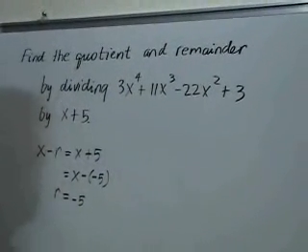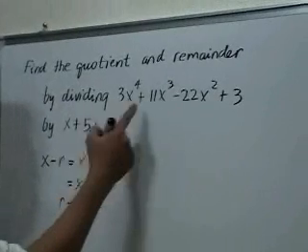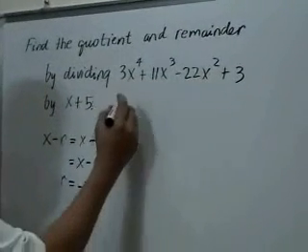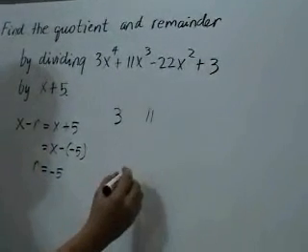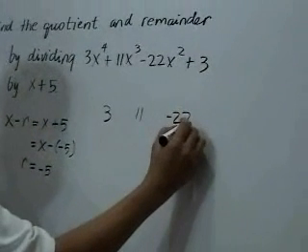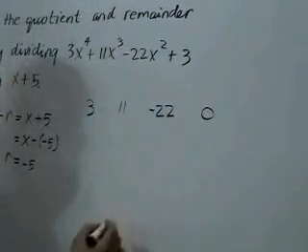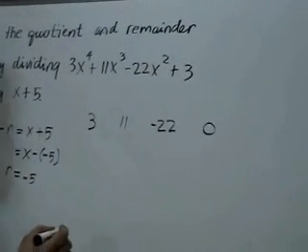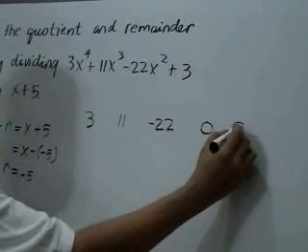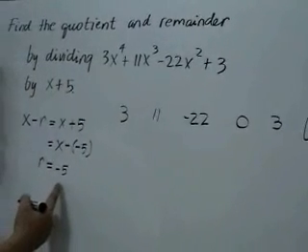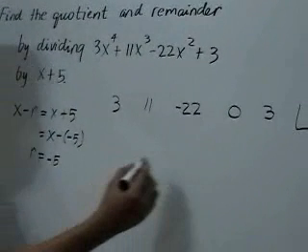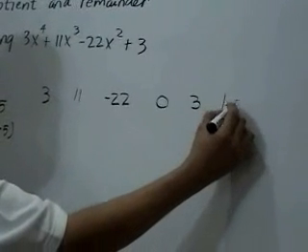So for our synthetic division, we are going to write the coefficients starting with 3, and then 11, negative 22, writing 0 as the coefficient of the missing x term, and then 3. And then we write our r, which is equal to negative 5 here.